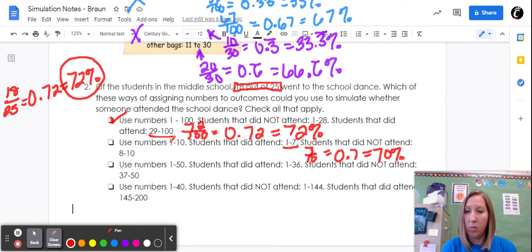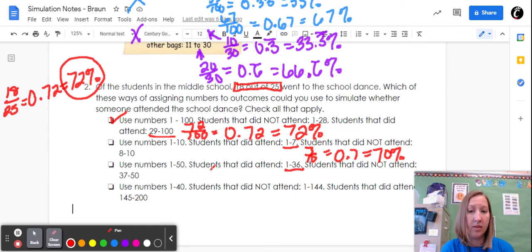Moving down to our third one, we have use numbers 1 through 50. Students that did attend were assigned numbers 1 through 36. Students that did not attend, we would assign 37 through 50. So again, we're looking at the numbers of the students who did attend, 1 through 36.